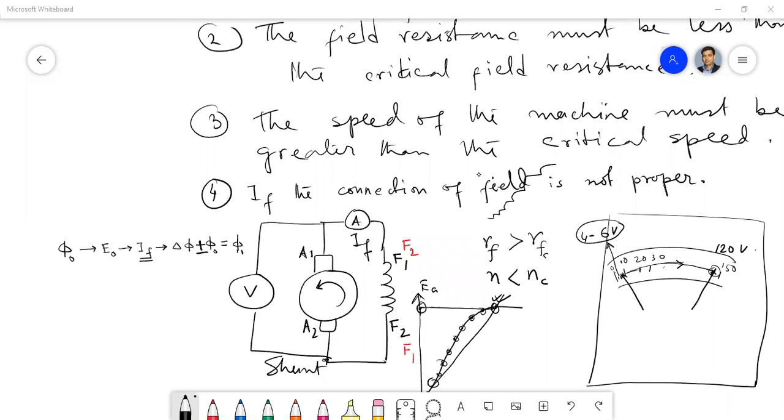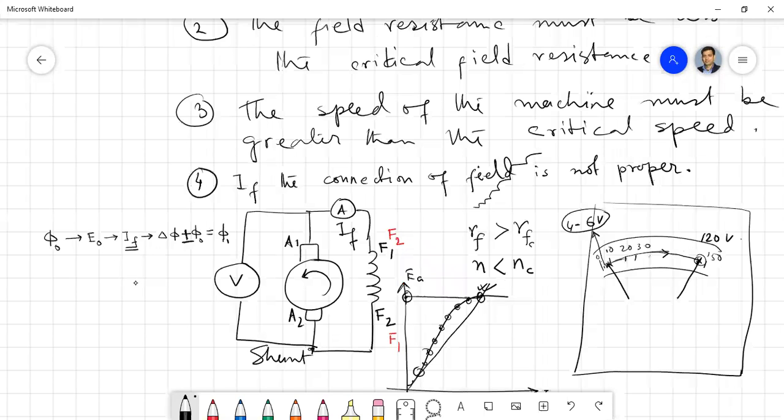Is that clear? You won't get any voltage build up if the field connection is not proper. Instead of cumulative addition of flux and the corresponding voltage, you will get a reduction in flux from the residual flux. So the field connection should be proper.